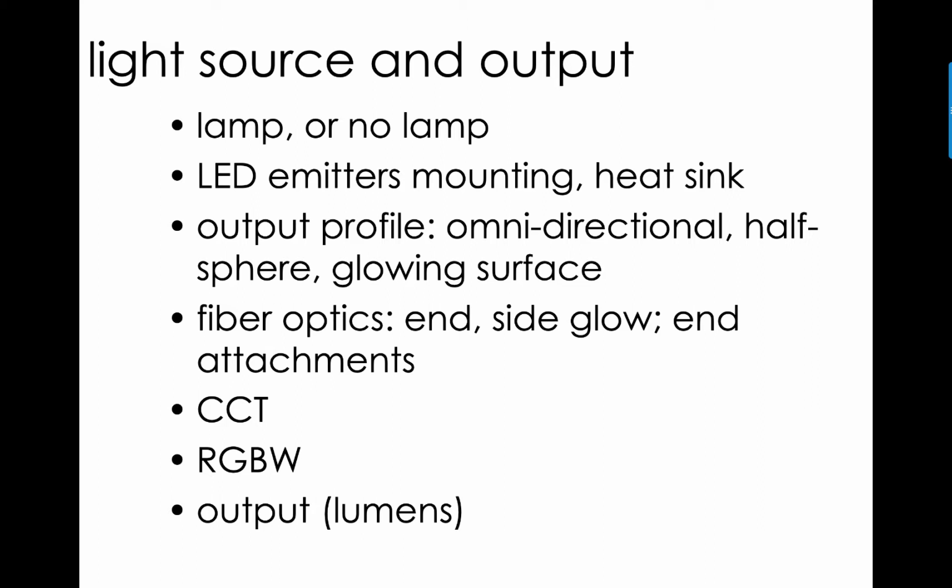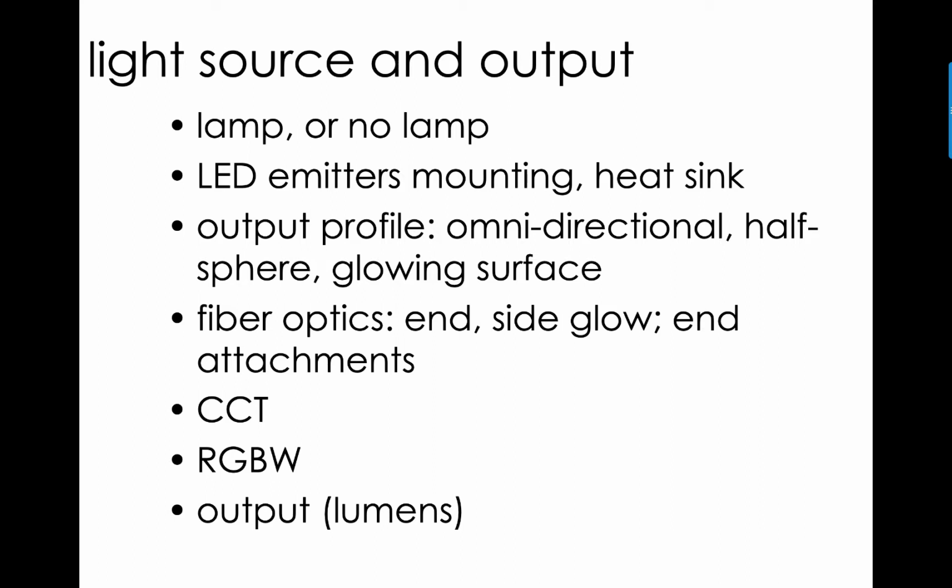But there are other kinds of light sources out there that we have learned about, including fun things like fiber optics. All of these, we can have a color temperature and what color the light is, or it can change. And you'll want to consider, how many lumens is this thing going to put out? What sort of light fixture?